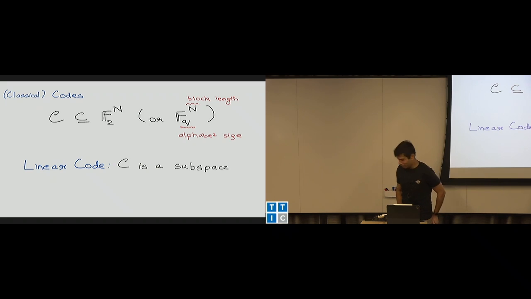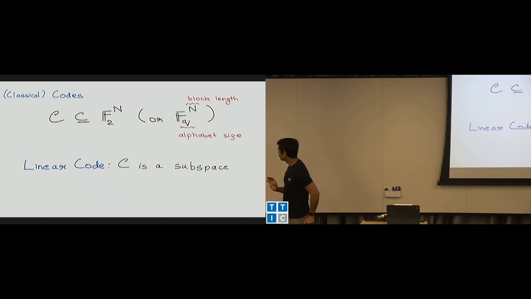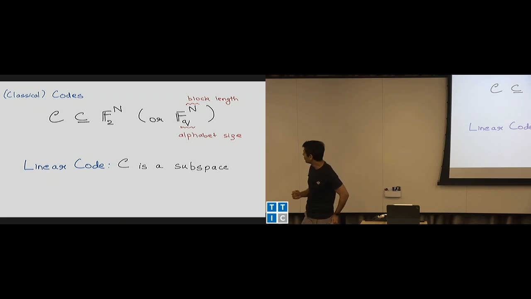The way we'll think of codes is I'll restrict myself to what are called linear codes, and for now we can just think of them as subspaces. A code in general is just a subset of strings which I can send, and maybe there are some redundancy properties or ways to figure out what string I meant to send, even if I made an error.